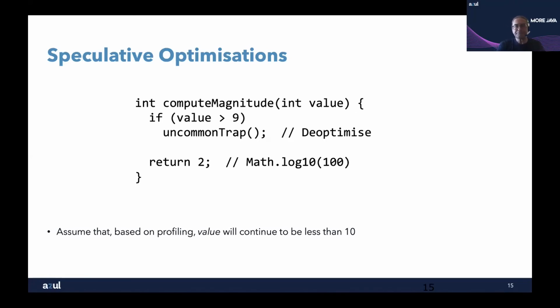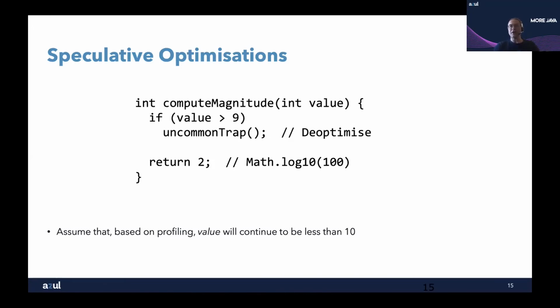Now, obviously, to fulfill the contract with the code that we've written, we must still deal with a situation where we do get a value that's greater than 9. In that case, we need our if statement here, which says if value is greater than 9, do an uncommon trap. Now, uncommon trap is where we say, oh, we have assumed that the code is going to work this way. That is wrong.